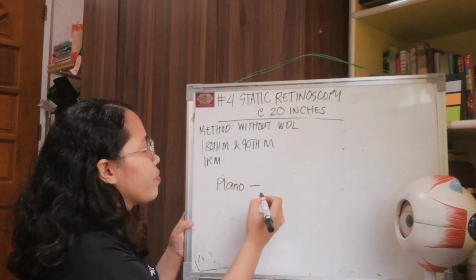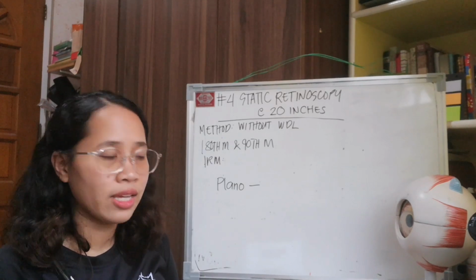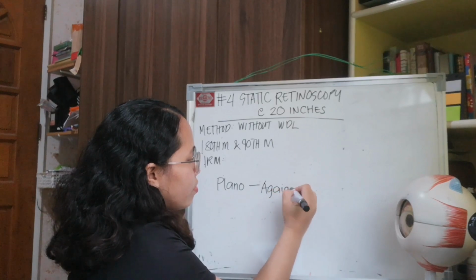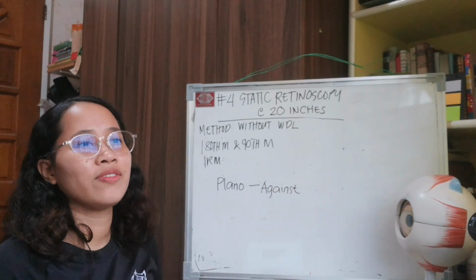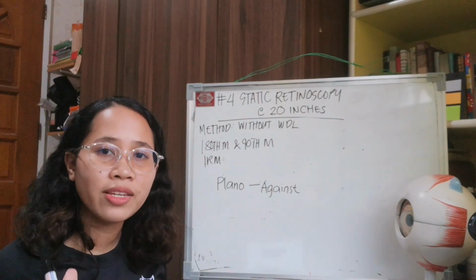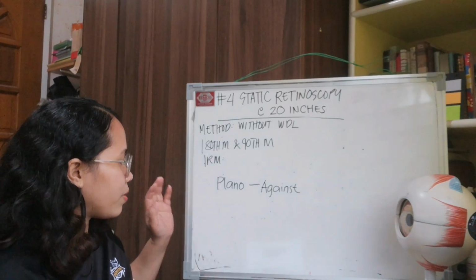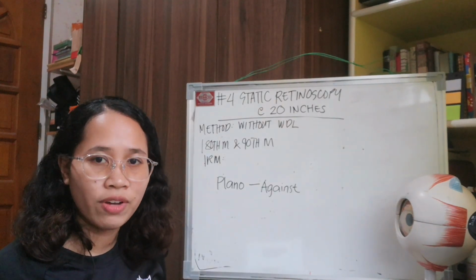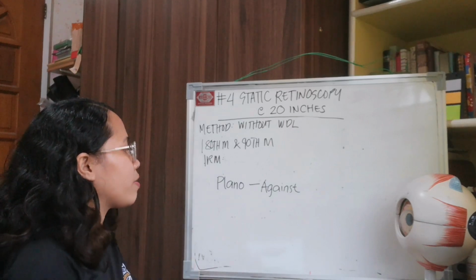At plano, the reflex movement is against. So if it's against, you will introduce a minus lens. We will put it at the bottom. So you will start at minus 25. Plano, 25, 50, and so on.